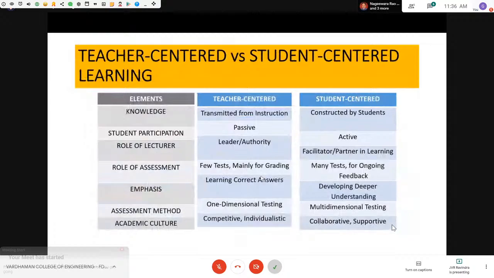Most of us know this slide, but still, a quick glance at it. Teacher-centered versus student-centered. I still remember when I was doing my bachelor's degree at Osmania University, they come, they teach, they go. I don't mean that the process was wrong; it was extremely perfect.